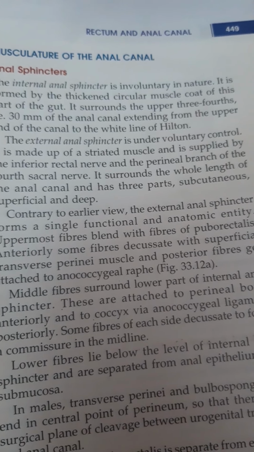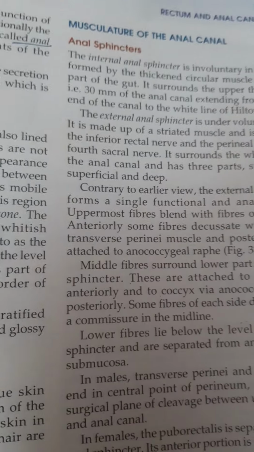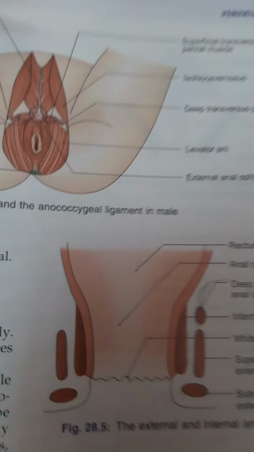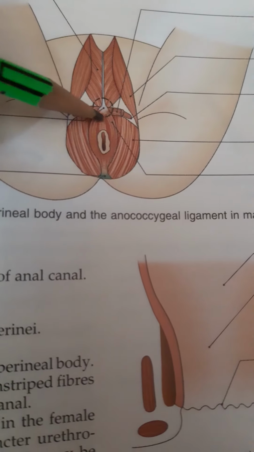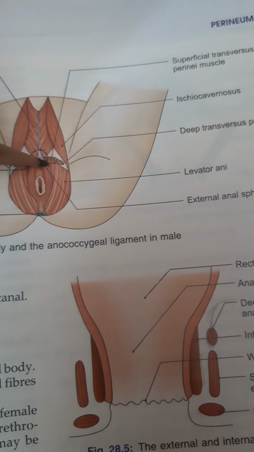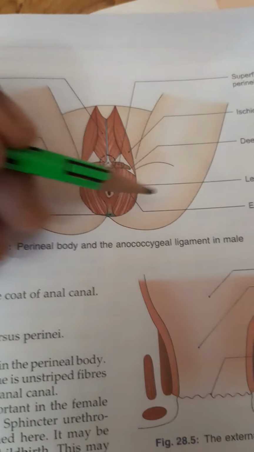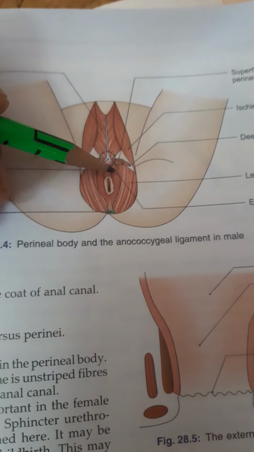It was written that some of its fibers decussate with the superficial transversus perineal muscle. So here these fibers, they decussate with the superficial transversus perineal muscle, and some of its posterior fibers, they join the anococcygeal ligament or the anococcygeal raphe on the back side.